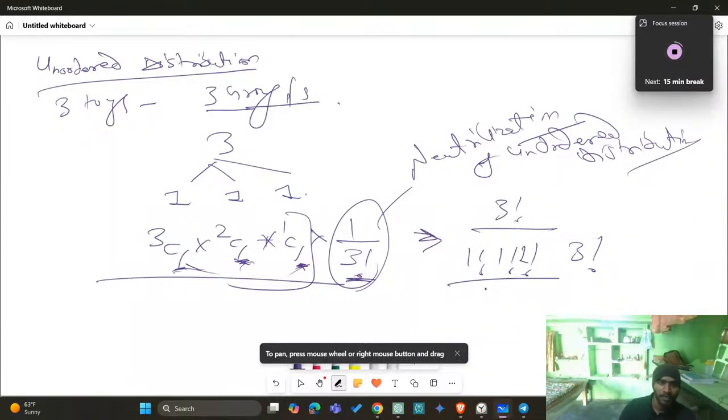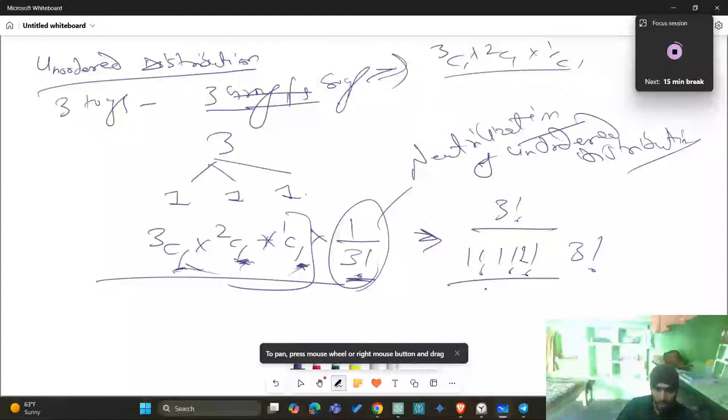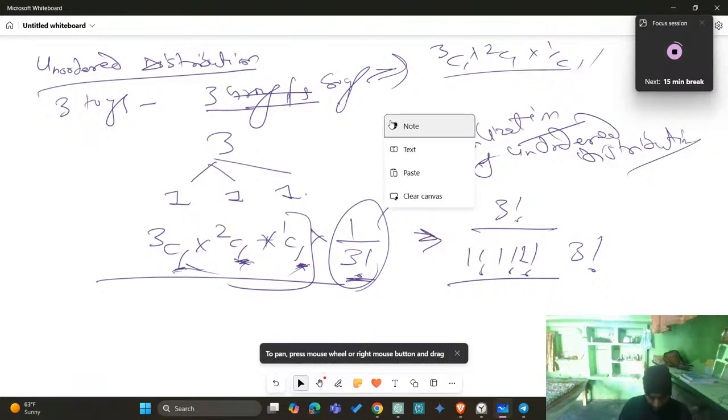If we have, let's say, three boys only, we do not need to utilize 3C1 into 2C1 into 1C1, this ordered distribution. And also we don't utilize it when the permutation is a limited repetition. We already know the limited repetition multi-set thing. So let's say we have some questions also here.